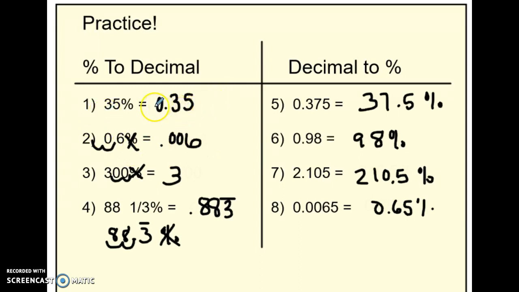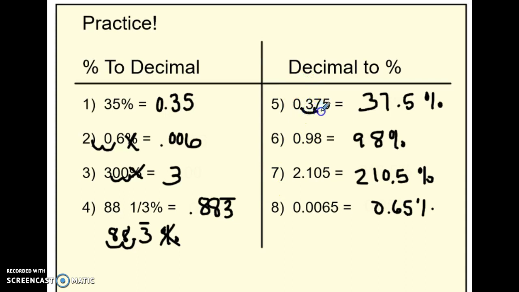So here you should have gotten 0.35 or 35 hundredths, 6 thousandths. Number 3 was 88 1/3% or 88.3333 repeating. And if I drop my percent sign and move it 2 places away, I get 0.883. Number 5, you're doing the opposite.